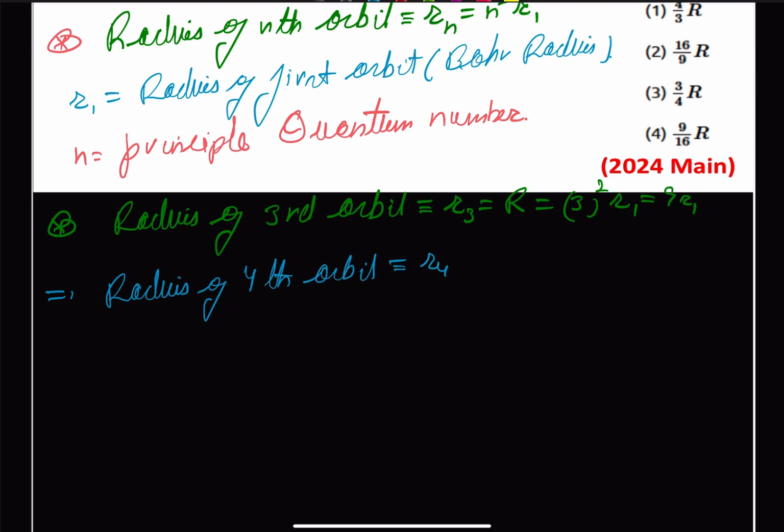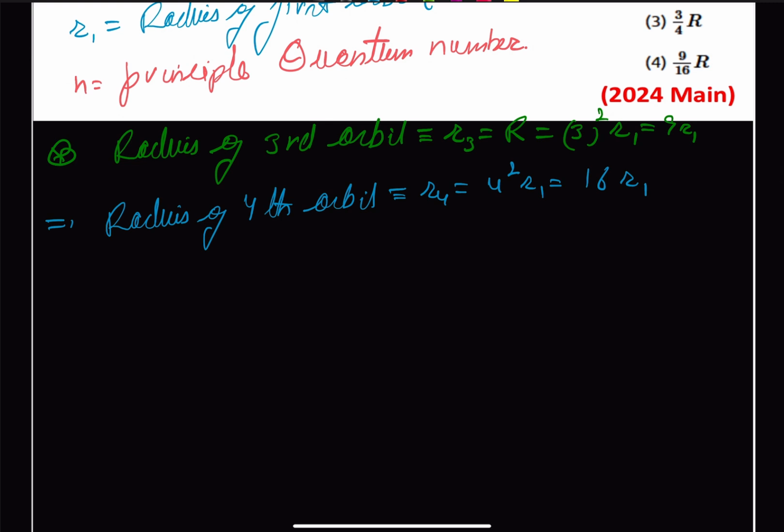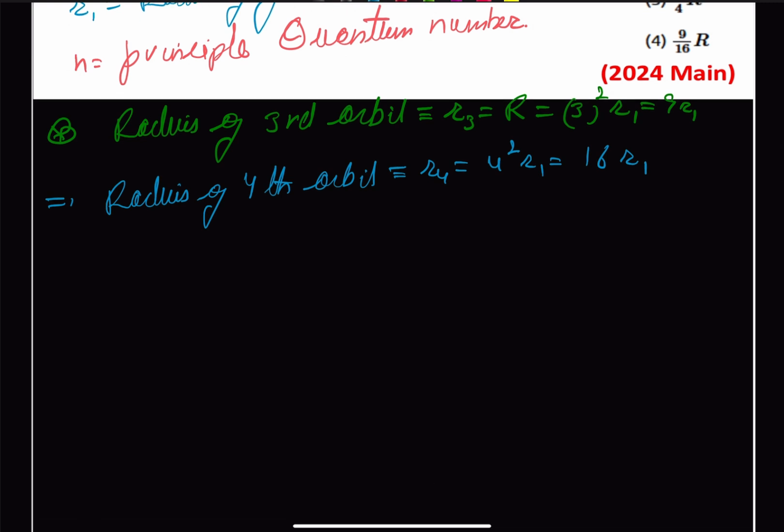Let us give this as R of 4, and then this will be equal to 4 square multiplied by R1, which gives us 16 times R1.